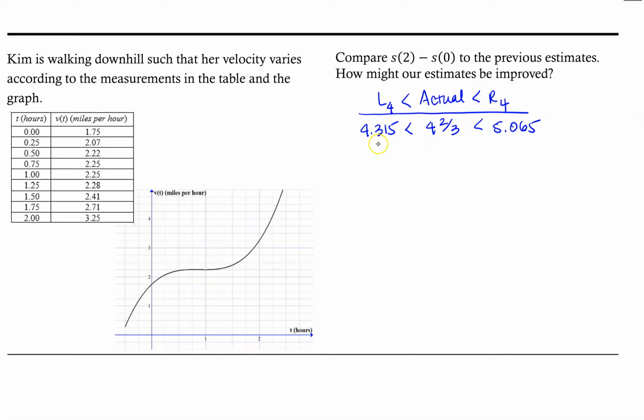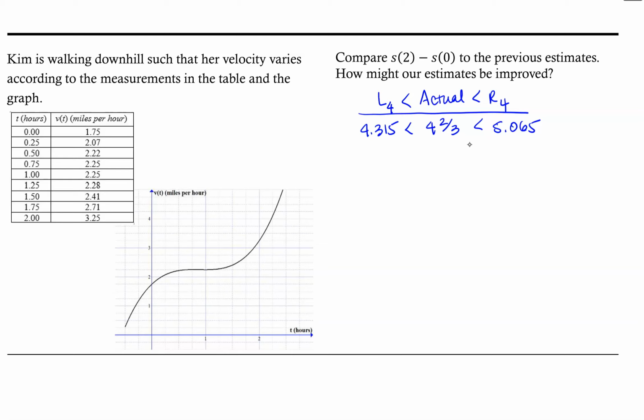Now, how might we improve our estimates? Remember that the error in our estimates was due to either overestimating or underestimating. So how might we reduce that overestimate error or that underestimate error? Well, we can do that by taking smaller intervals, and smaller intervals will produce less error.